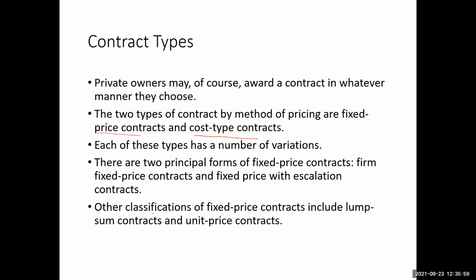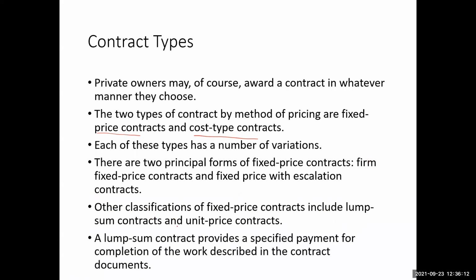Other classifications of the fixed price contracts include lump sum contracts and unit price contracts. A lump sum contract provides a specified payment for completion of the work described in the contract documents.